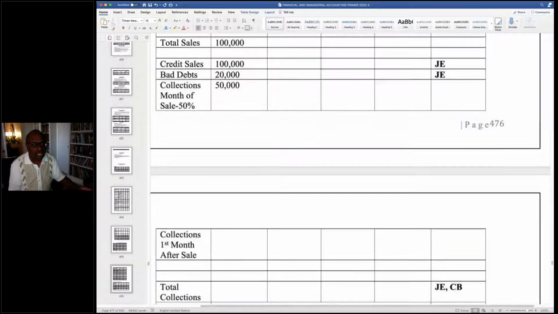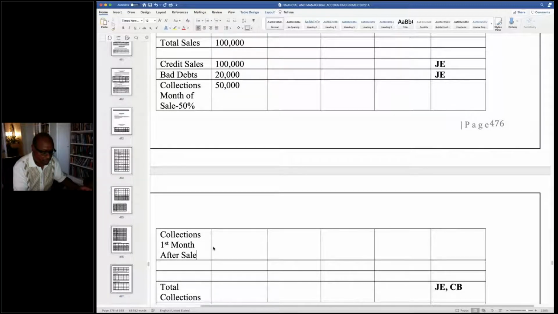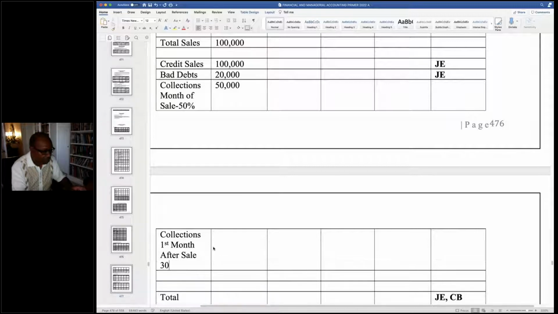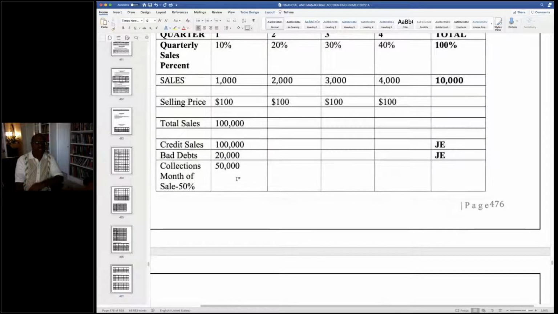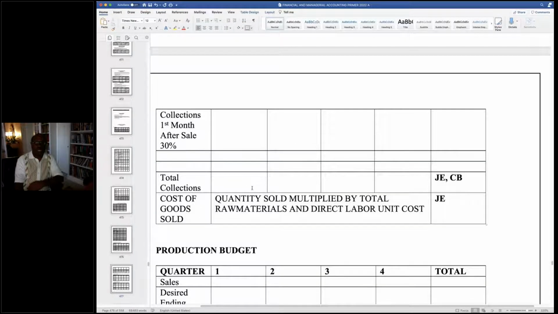Then I'm gonna get the other 30% the month after sale, next quarter. So the key thing: I had 100,000 in sales, I'm only getting $50,000. So my total collections are 50,000. With me? Good.